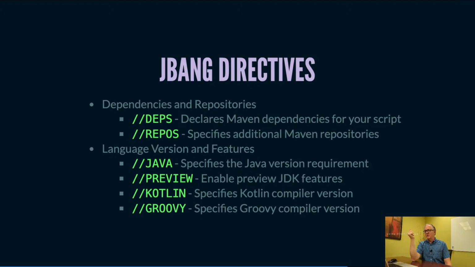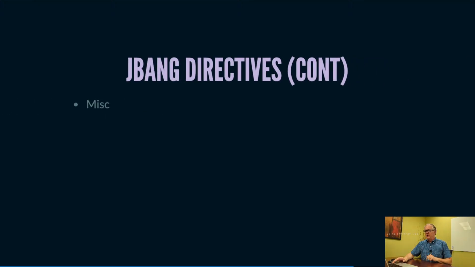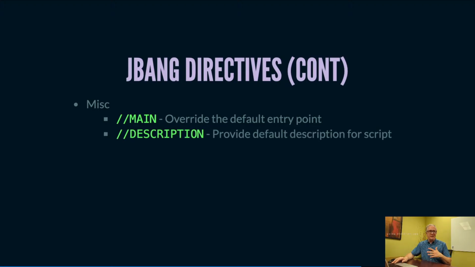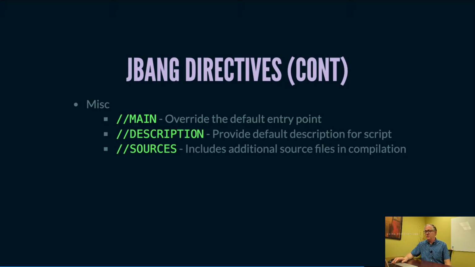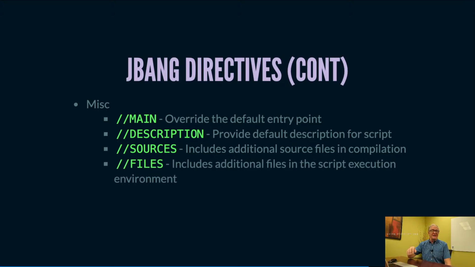If you want to write your script in Kotlin or Groovy, you can specify specific versions of those languages. You can also write JBang scripts in those. Pretty cool. There's a bunch of others. You can override the main entry point for whatever reason, add a description to your script, include additional sources and external files.